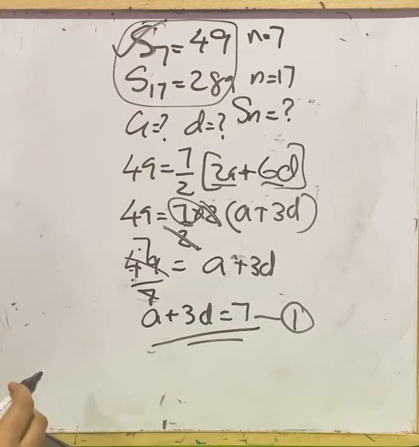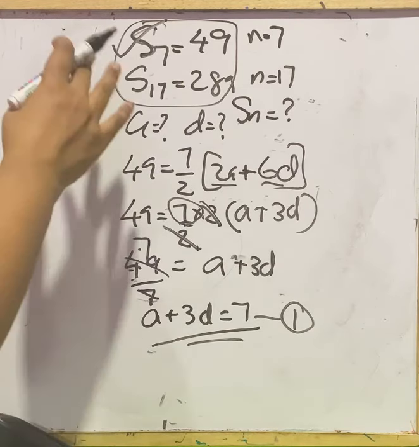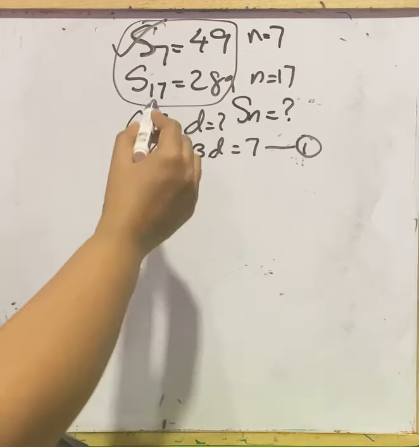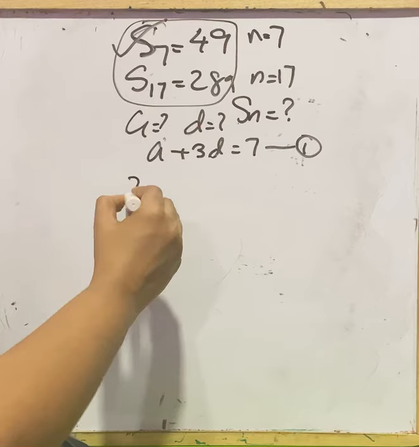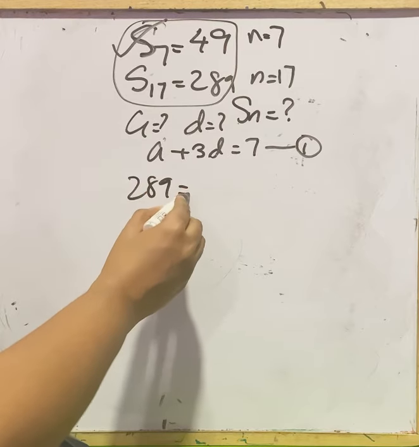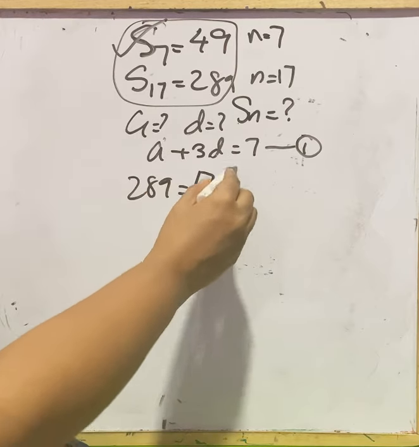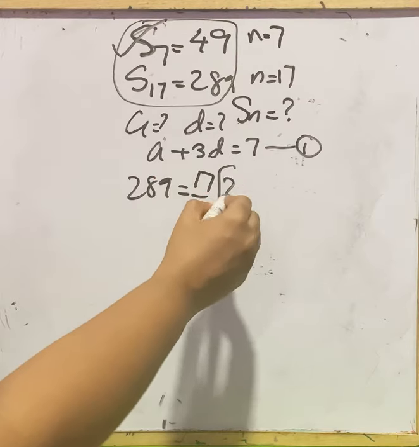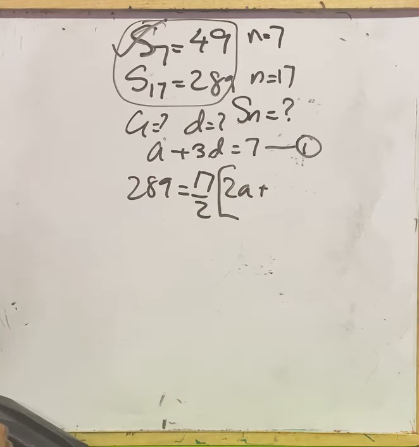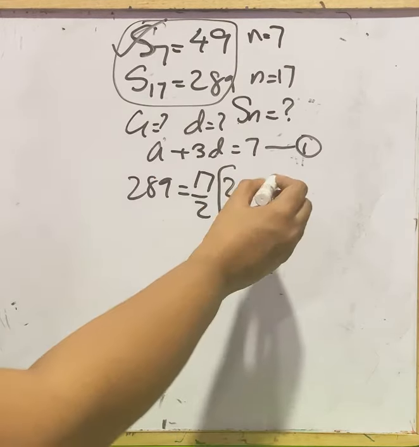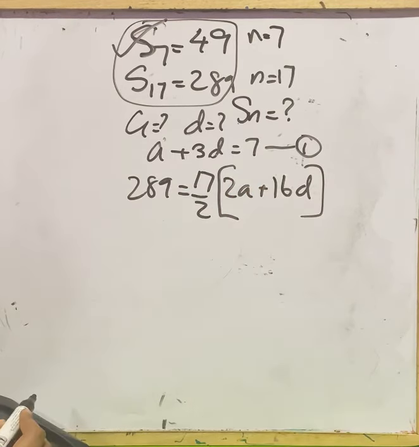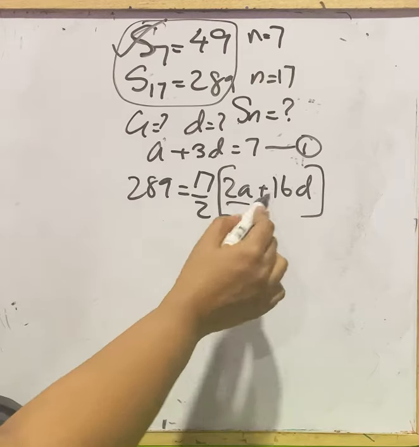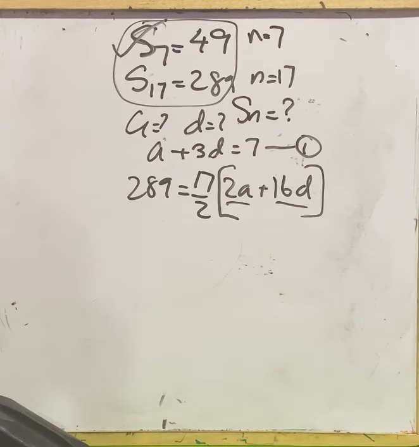That is considering S7. Now we will consider S17. Here S17 is 289, that is the sum. S17 is 289 equal to n by 2, meaning 17 by 2 into (2A plus (n minus 1), 17 minus 1, that is 16, into D). We don't know the value of D. Now in these two terms we have 2 as the common factor.